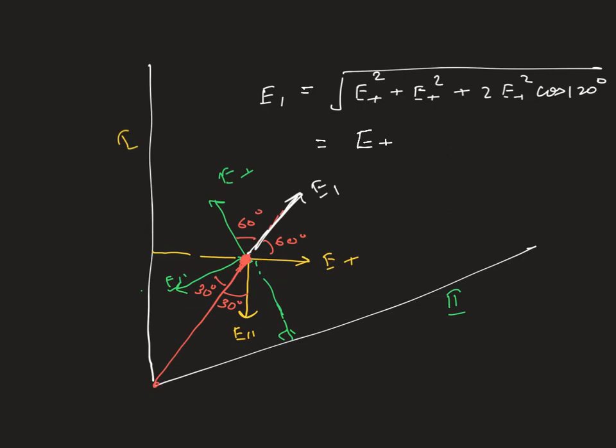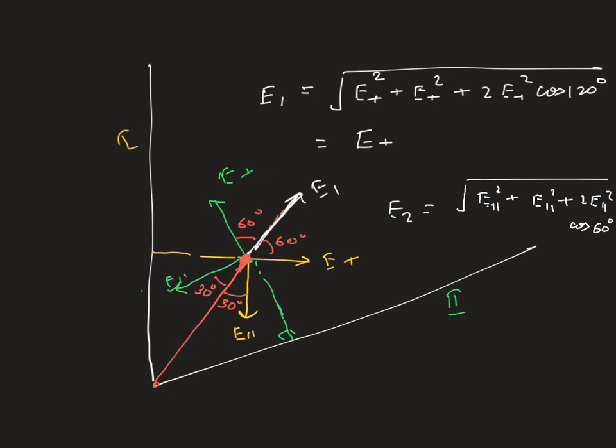What about the other ones? The sum of E parallels, that will be E2, equals root under E parallel squared plus E parallel squared plus 2 E parallel squared cos 60 degrees. How much is cos 60 degrees?